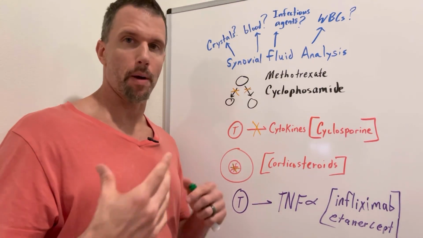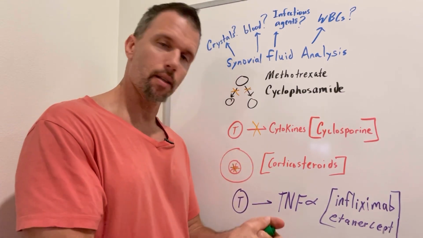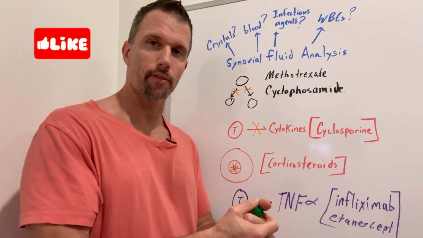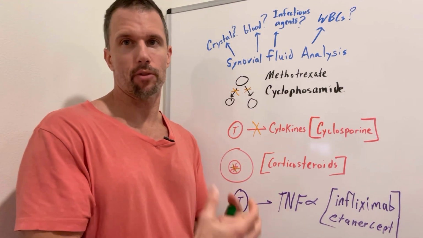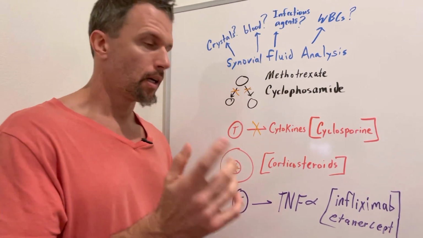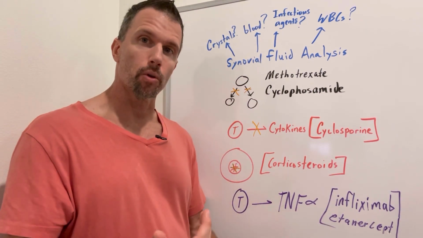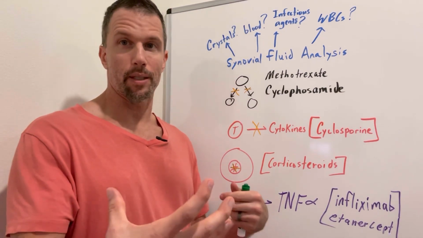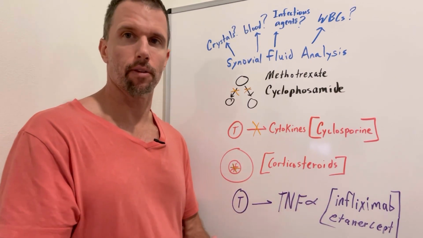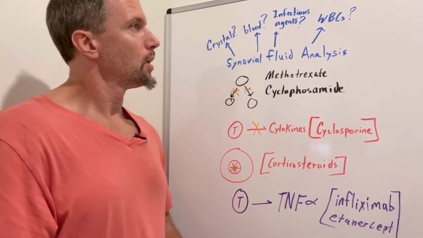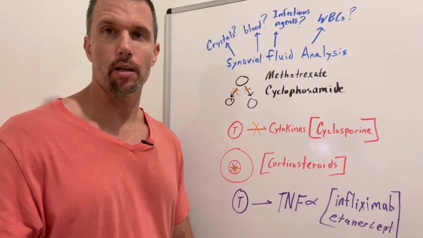But what if you have a monoclonal antibody like infliximab that forms a complex with this TNF alpha that's out there, and negates it from having any effect downstream as far as inflammation? Then we have another one that works similarly called etanercept, or Enbrel. It's a receptor that binds to tumor necrosis factor alpha, and then it doesn't have its inflammatory effect. So hopefully that gives you a good idea of some of the general drugs used to treat autoimmune diseases.